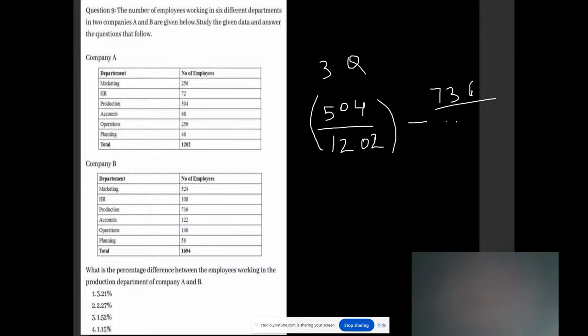So 736 by 1694 gives us the second fraction value. If you simplify these two, you get the answer. As they are saying percentage, you can multiply it by 100. First, you can simplify this one, and at the end, you can multiply by 100.